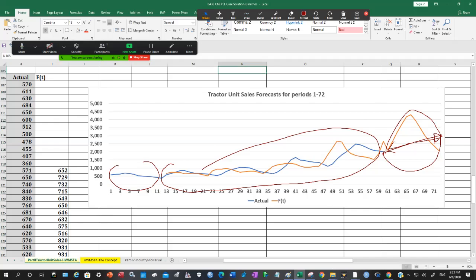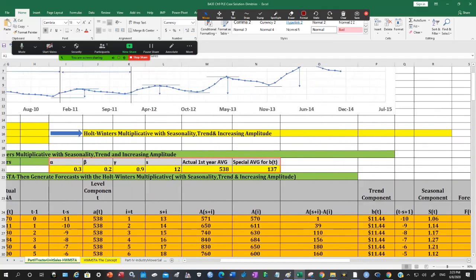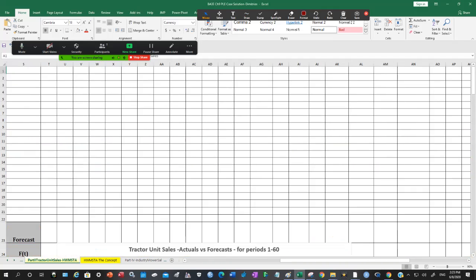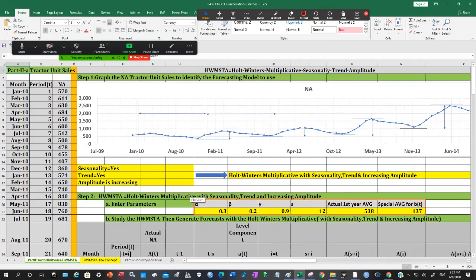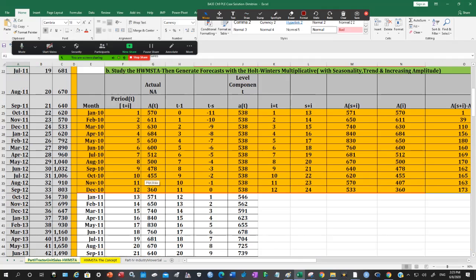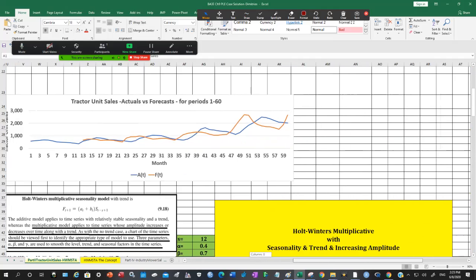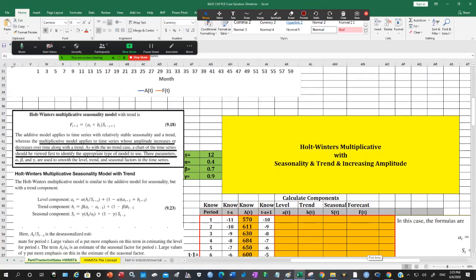Let's go to the beginning. Here. So this was the Holt-Winters multiplicative with seasonality and trend and increasing amplitude.